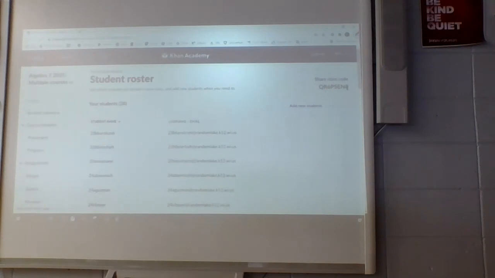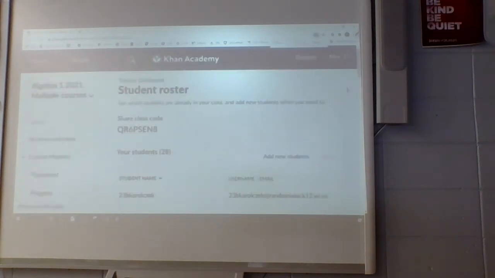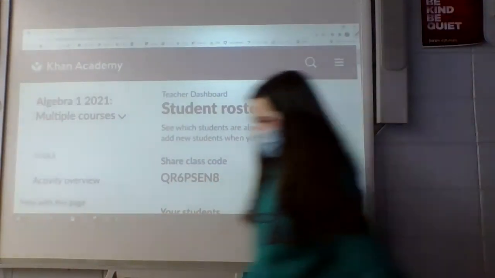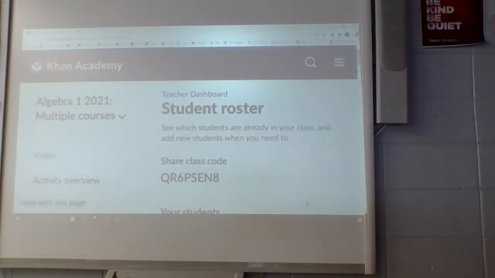The class code is up there on the screen. Let me zoom in here. It's QR6PS. Those of you online, if you haven't been in the class yet, you've got to get in with that code, and then I might have to reassign the assignment to you.